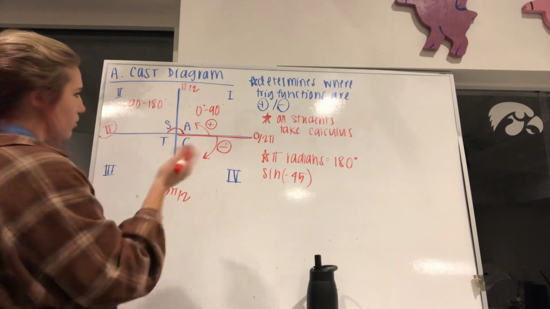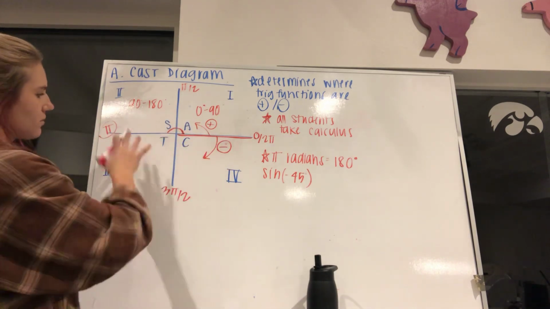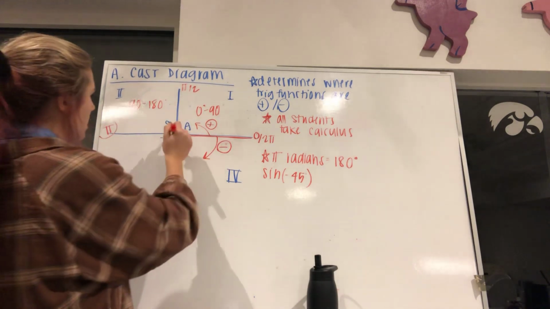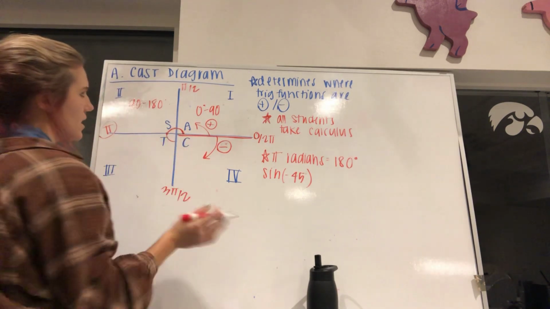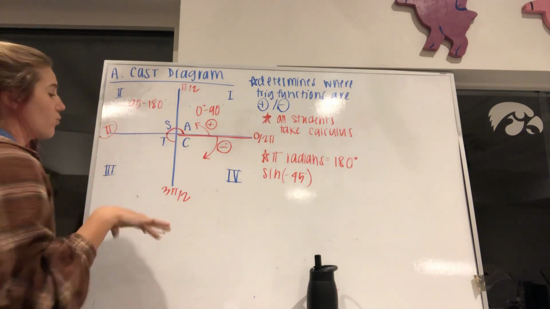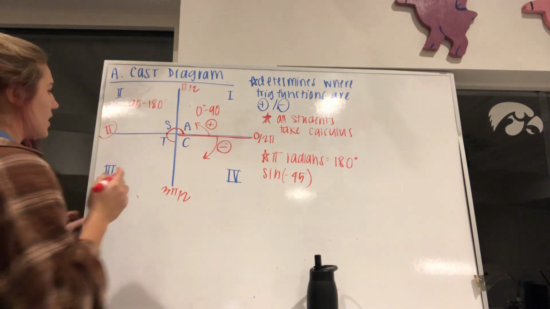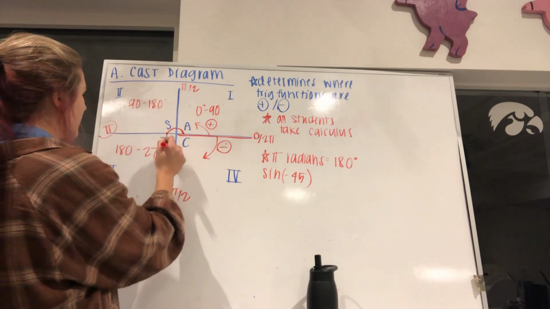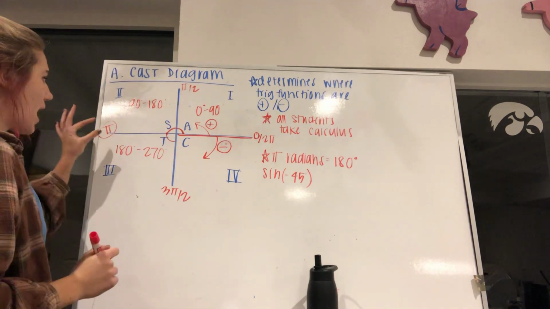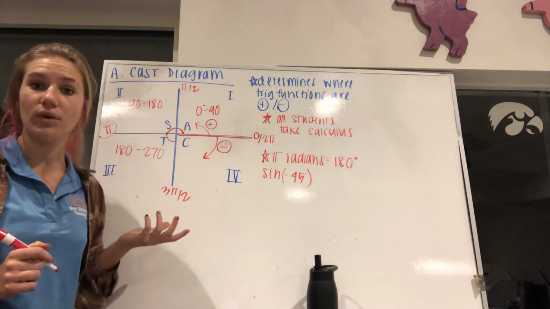And basically, we're just going to do the same thing, move around, and label our third quadrant. Our third quadrant spans from the negative x-axis to the negative y-axis, and that range is going to be 180 degrees to 270 degrees, or pi radians to 3 pi over 2 radians.